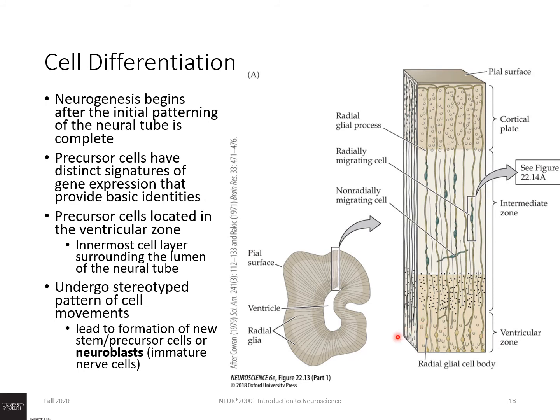These precursor cells are located in the ventricular zone, so this innermost cell layer that surrounds the ventricle, the inside of the neural tube. And these cells undergo a specific or stereotyped pattern of movements, which we'll get to in the next slide. And these movements lead to the formation of either new stem cells or neuroblasts. So neuroblasts being immature nerve cells.